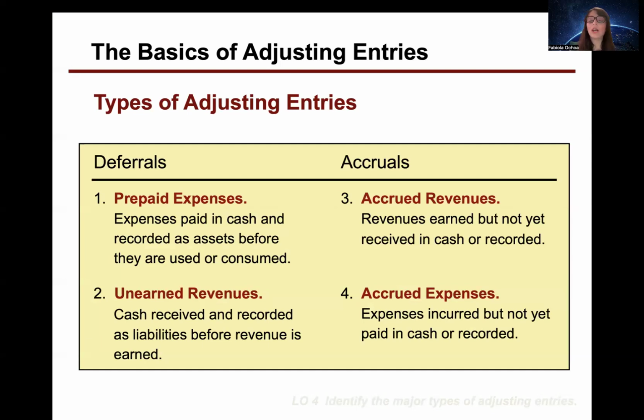Okay. You have unearned revenues. This is when cash is received and recorded as liabilities before revenue is earned. So maybe you got a cash advance from a customer and you haven't provided your service just yet. In that case, that would be considered an unearned revenue because you have not yet earned it. That would be considered a liability on your balance sheet.